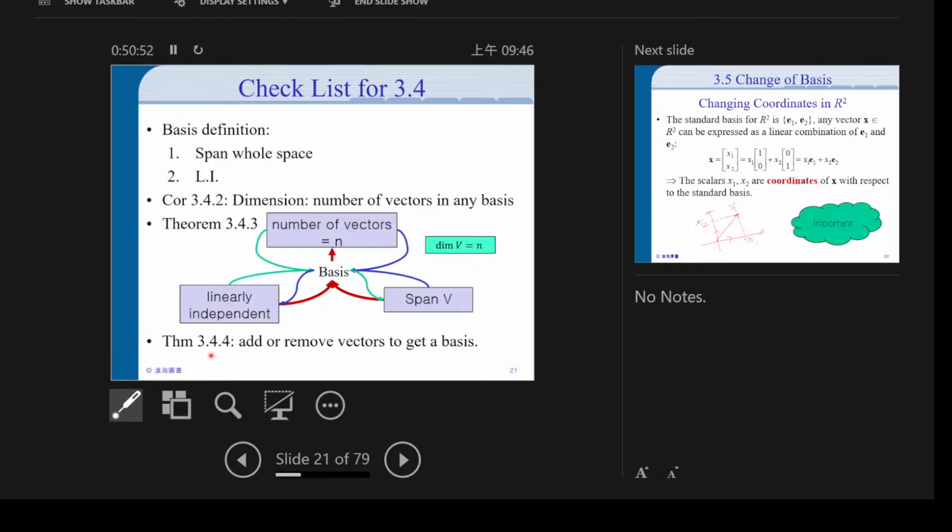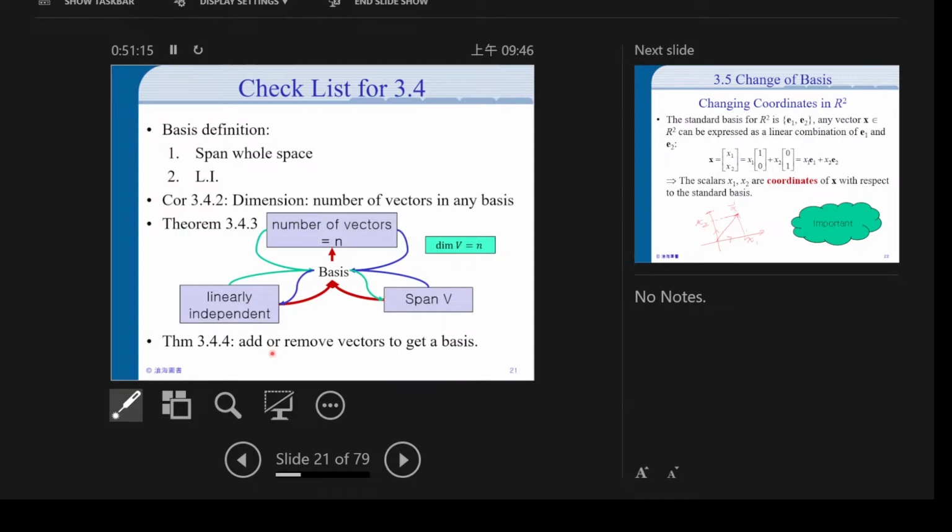And finally, in theorem 3.4.4, we see that there are two very nice operations you can do to your set of vectors. If your vectors are linearly dependent, you can keep removing vectors while having the same span.